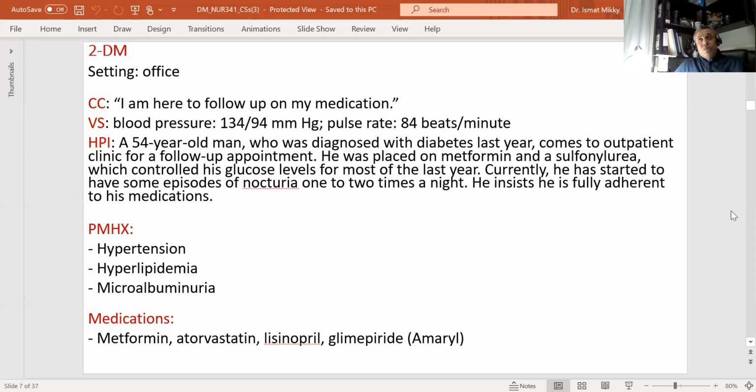It also should not be used in patients who anticipate undergoing a diagnostic test with the use of any contrast media that contain iodine. They should hold the metformin at least 2 or 3 days before the diagnostic test and resume it a day or two after, because that can result in lactic acidosis.